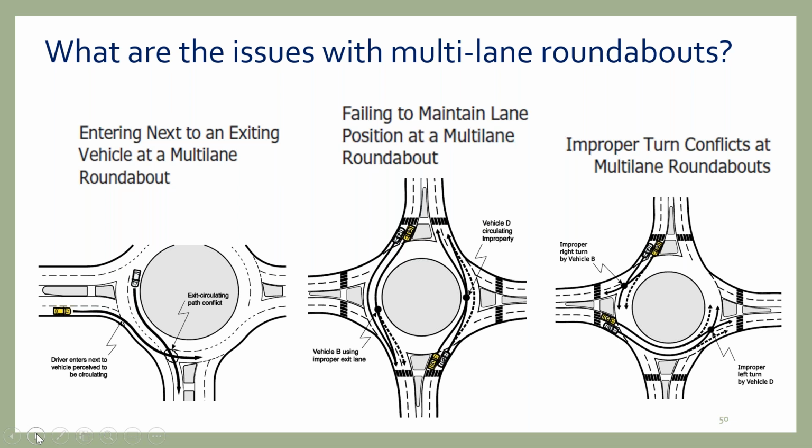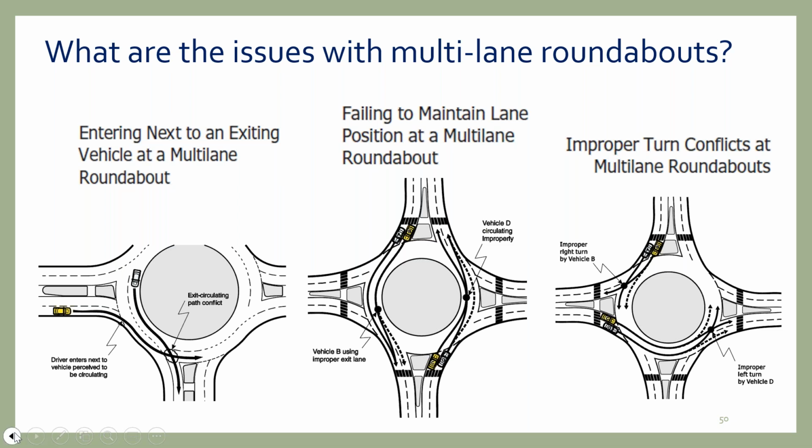But sometimes we see drivers wanting to make a left turn from the right lane, and that could lead to a collision if the adjacent vehicle is legally going straight. So these are 3 examples of common challenges at multi-lane roundabouts.